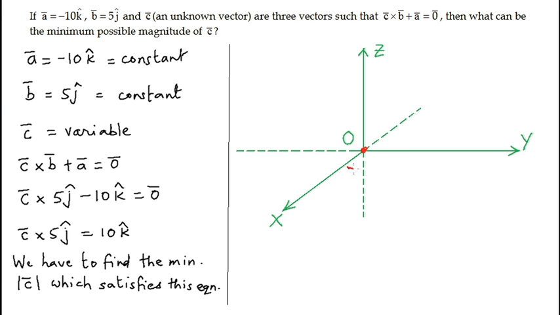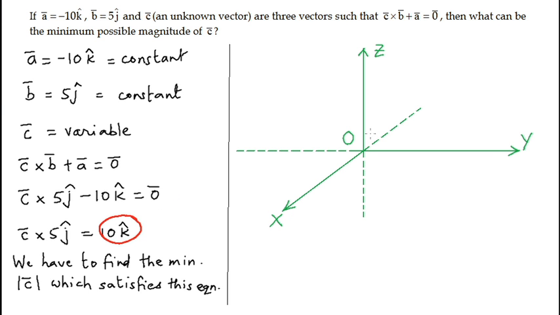So if you curl the fingers of your right hand from the positive x to the positive y-axis and you stretch your thumb, then you can cross check that your thumb points in the positive z direction, and so it's a right-handed coordinate system. Now we will begin by drawing the vector 10k cap in the diagram.